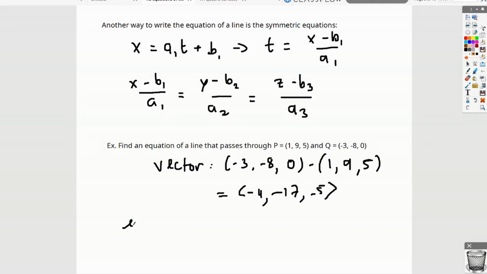Now we can just take one of the points. So the equation is 195 plus t times negative 3, negative 8, 0. Or actually, we could also use the vector notation if we are putting this as a function. And this is the notation for a function.